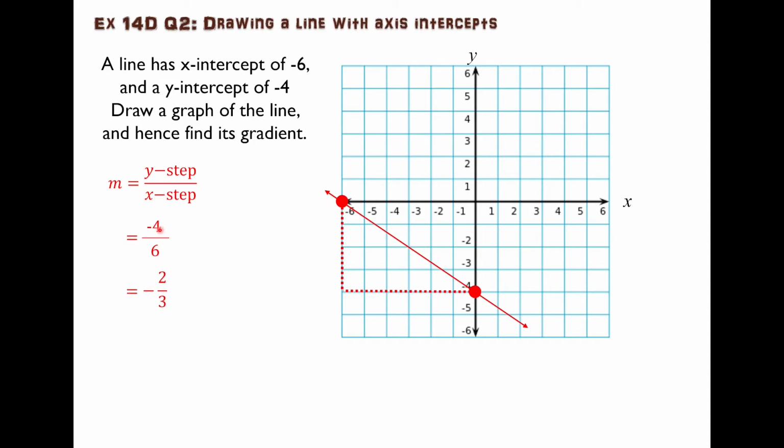And now the number part, 4 over 6, that fraction can be simplified. 2 goes into both of these things. 2 goes into 4 and 2 goes into 6. 4 divided by 2 is 2. 6 divided by 2 is 3. So there's my answer. The slope is -2/3.